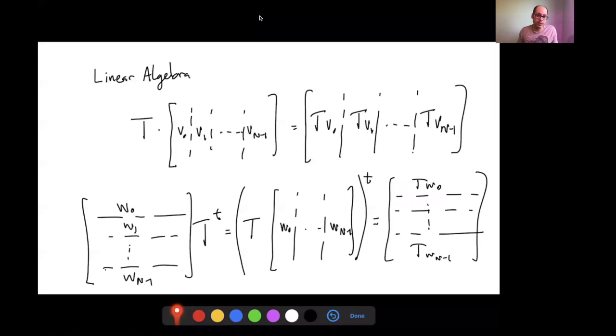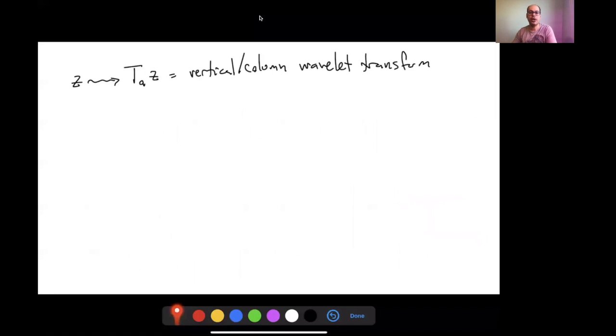And this is exactly what we wanted to do with the two-dimensional wavelet transform. So if we're thinking about this process of the wavelet transform, we're going to be taking our Z. Now Z we're thinking of as an n by n matrix. If I left multiply it by the analysis matrix, what does that do? It applies the wavelet transform to each of the columns.